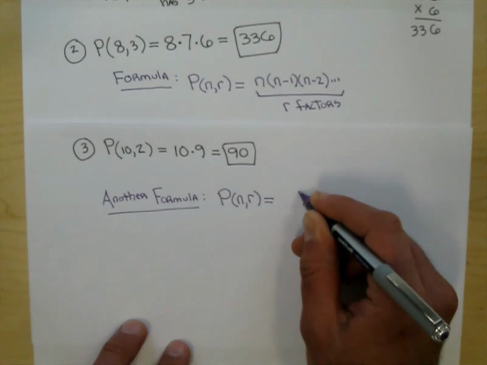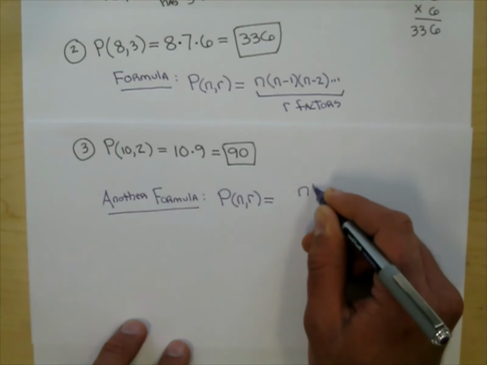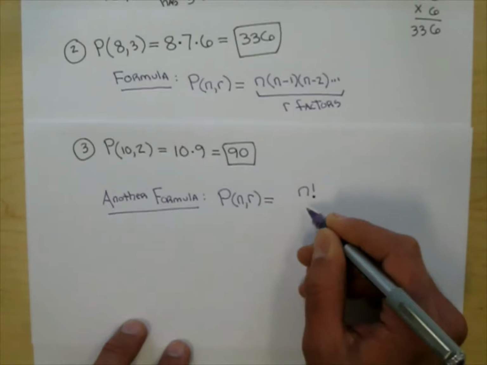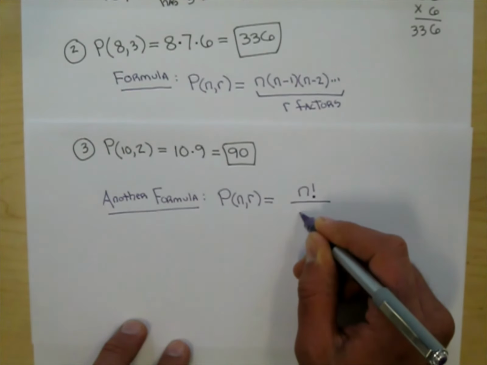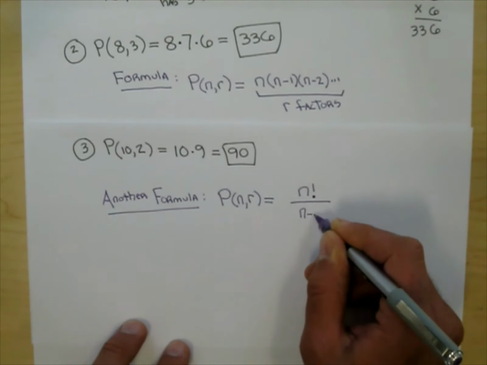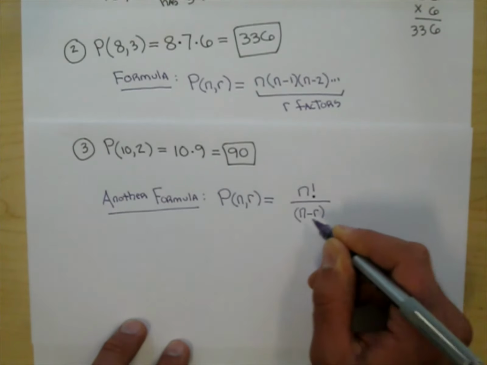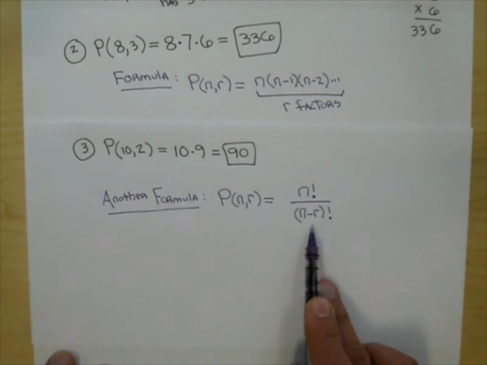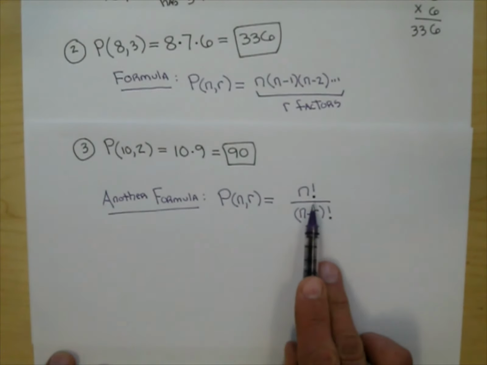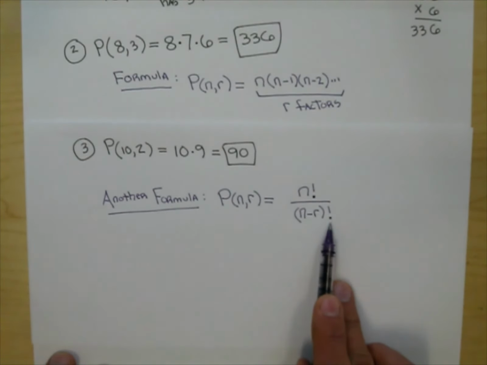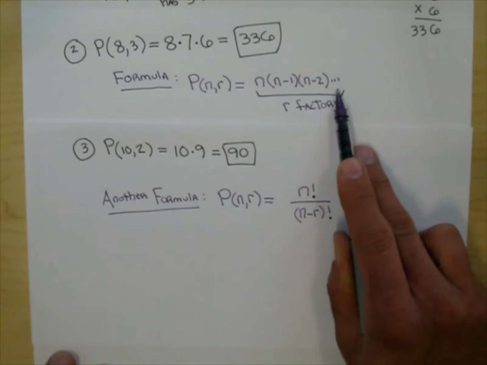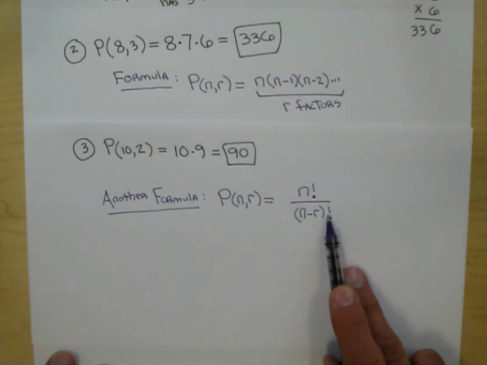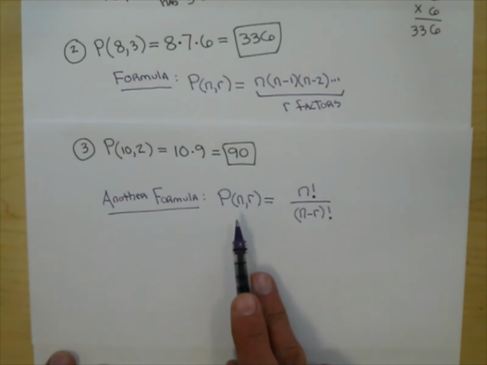It looks like this. N factorial over N minus R factorial. Do you see any dots? And some of you are like, I see a dot there and I see a dot. That does not count. We don't have dots like that. This is the professional formula for permutations without repetitions.